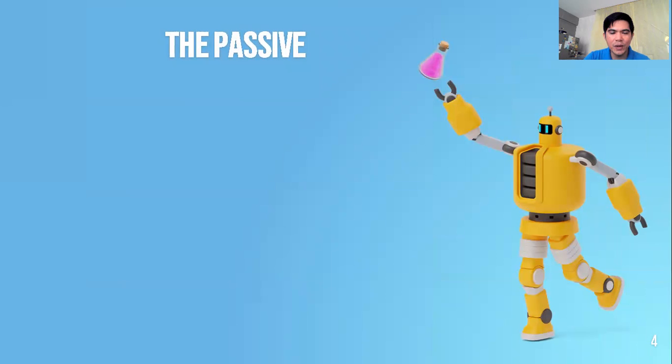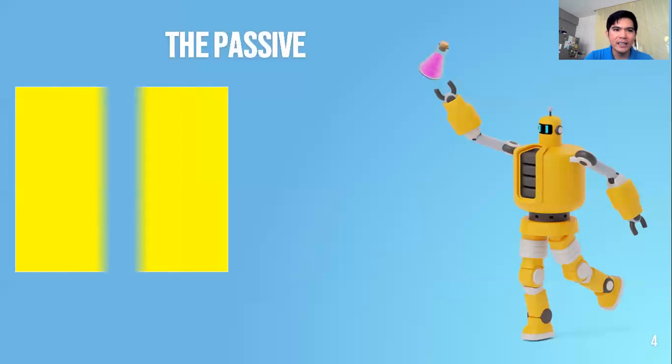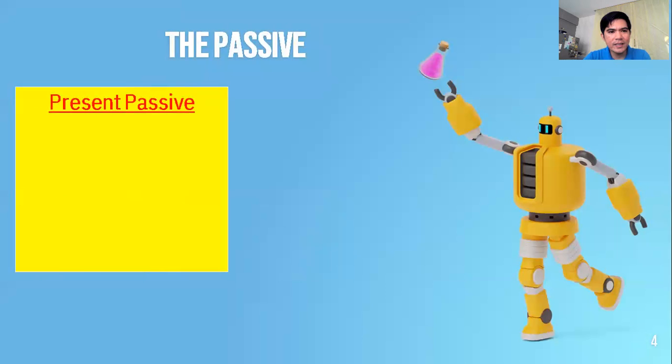Before we proceed to our new lesson, let's have a short recap of our last video. For our last video, we've learned the passive. Let's not forget that the passive is of two kinds. Number one is the present passive.